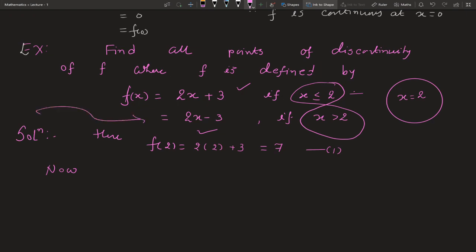Now to use this part of the definition, clearly we have to evaluate right hand side limit. Naturally x tends to 2 plus, right hand side limit on a real line. Here x tends to 2 from right side, so x will be greater than 2.